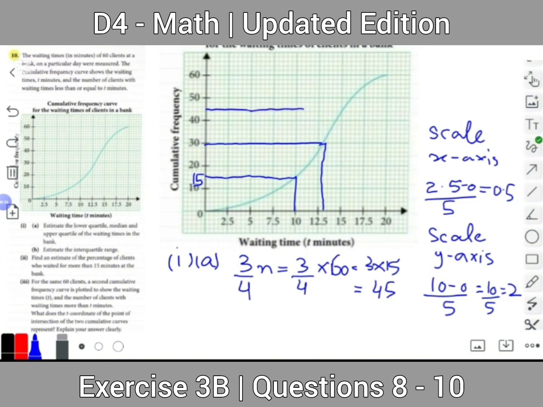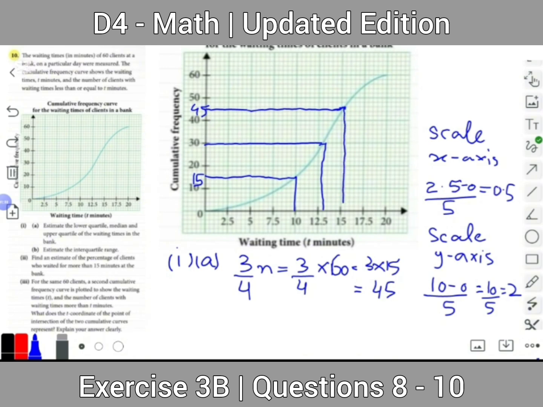From 45 we will draw a horizontal line until it touches the cumulative frequency curve. Now from the point of intersection on the curve, we will draw a vertical line until it touches the x-axis.